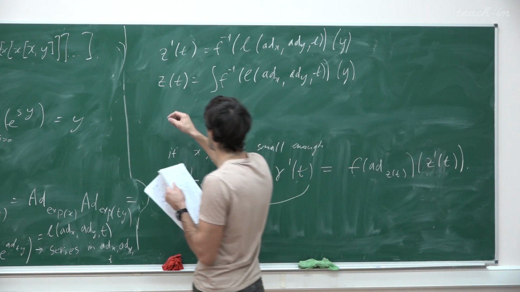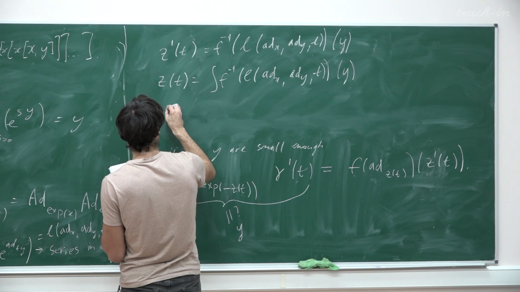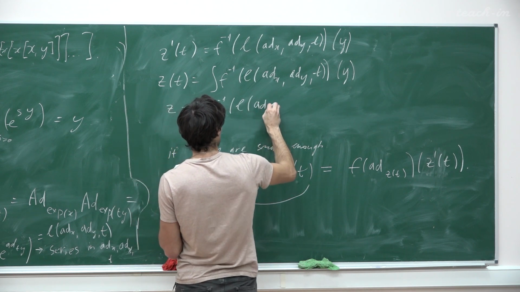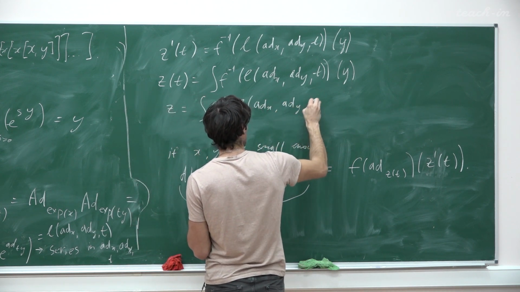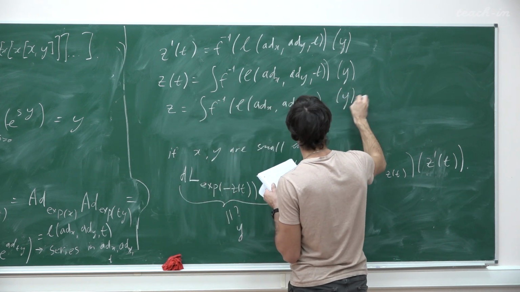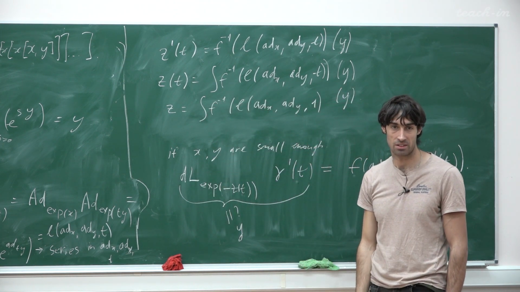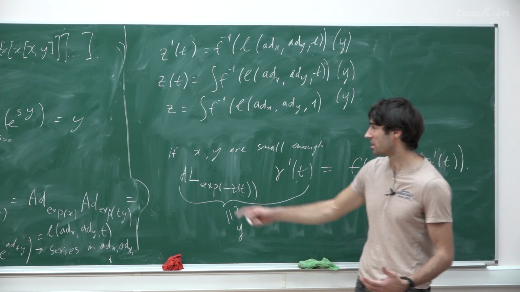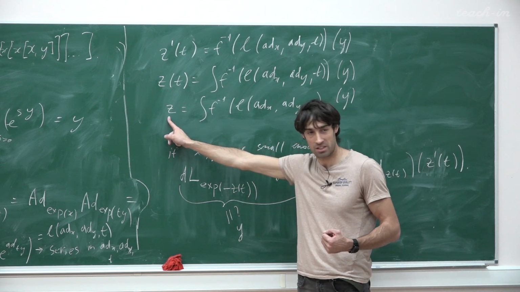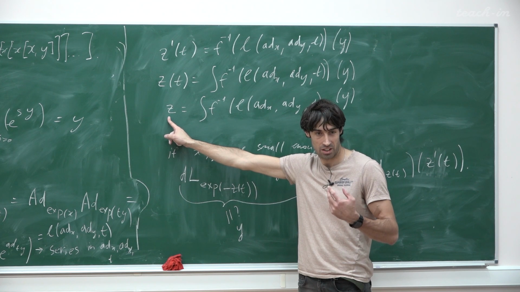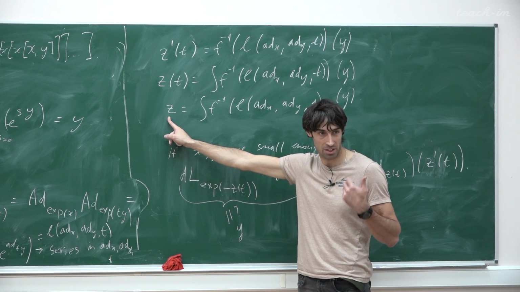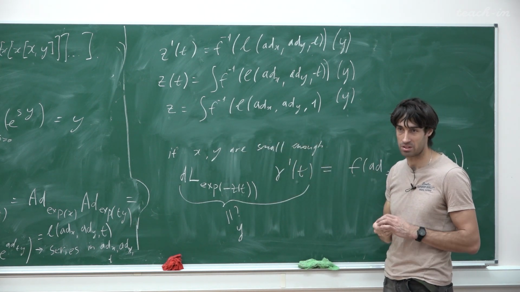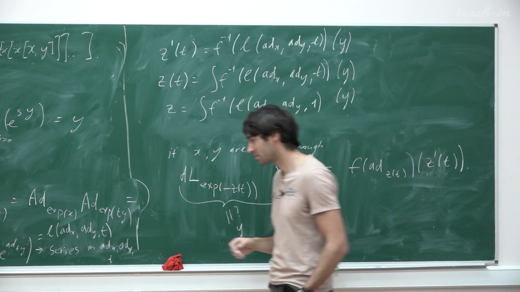And then I can take t equals 1. So I will get z equals the integral of f inverse of L of ad x, ad y, 1, and all that applied to y. So we're done. Our goal was to present z as a series in ad x and ad y. This is exactly our goal, and we did it. Applied to y, of course.